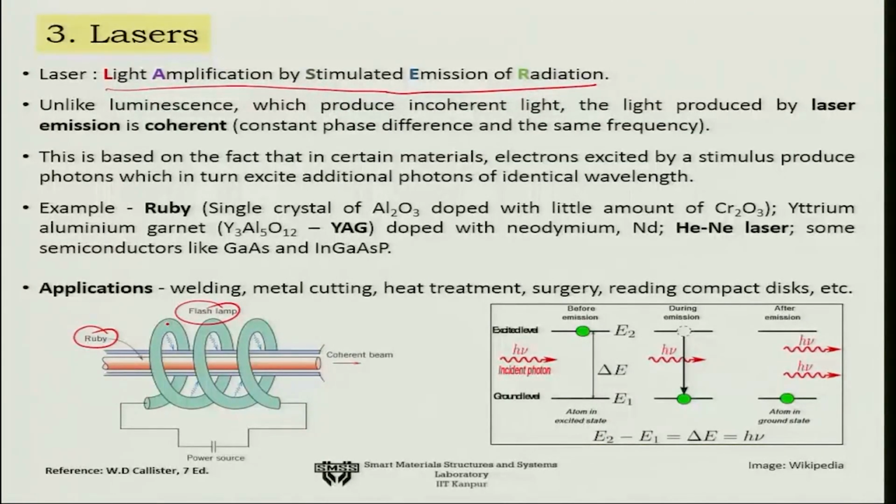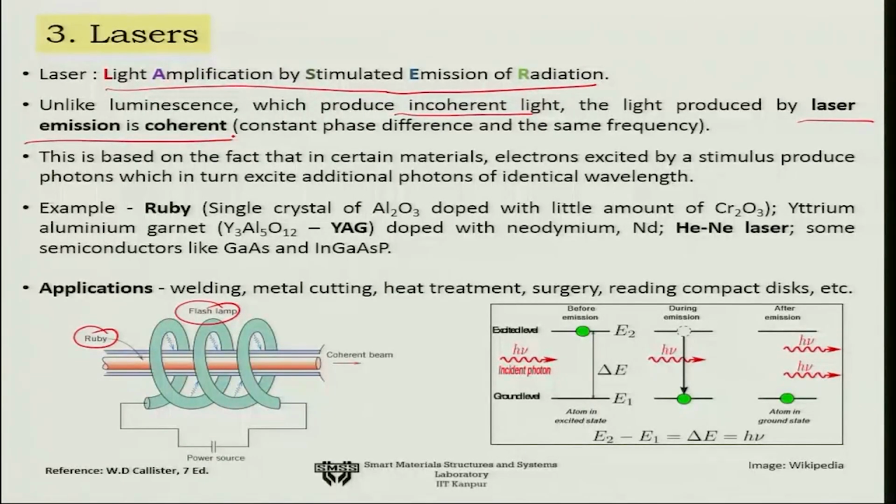In luminescence the energy comes out, but it is incoherent because the phase relations continuously change, whereas laser emission is very much coherent, with a constant phase difference and the same frequency emitted.